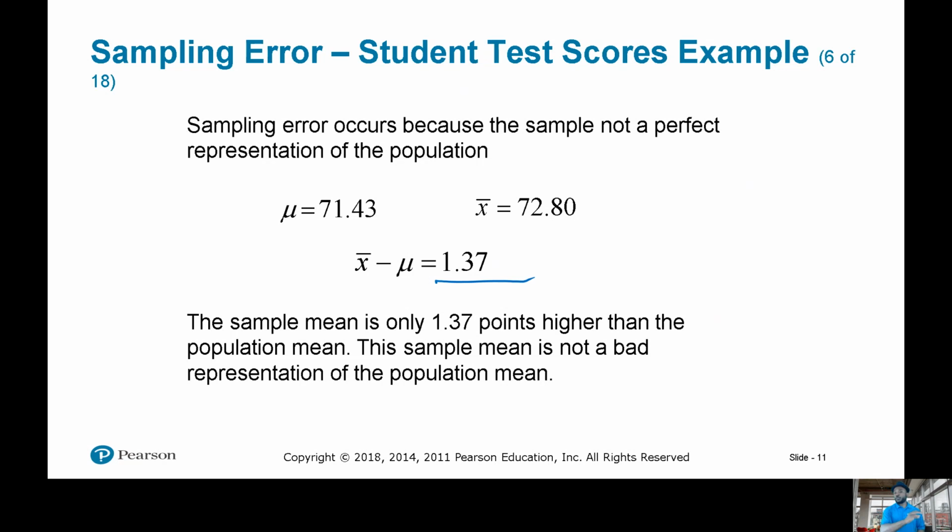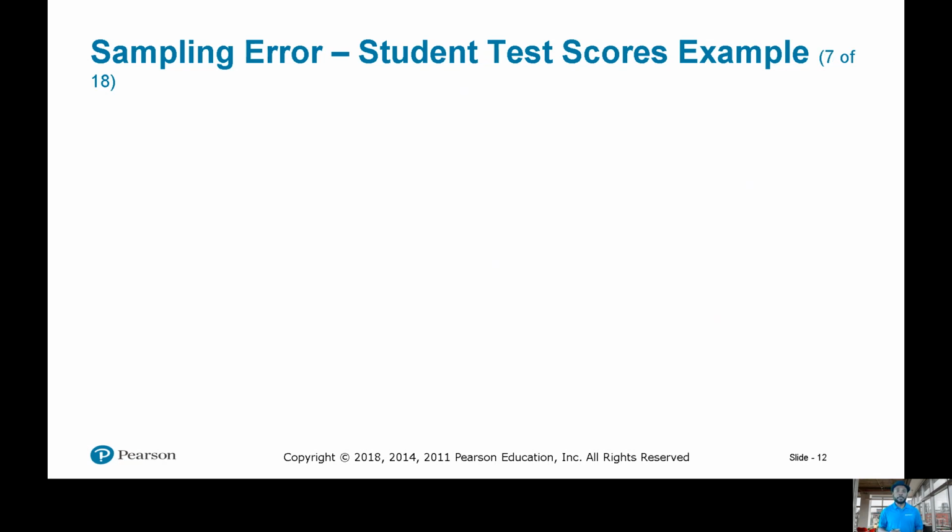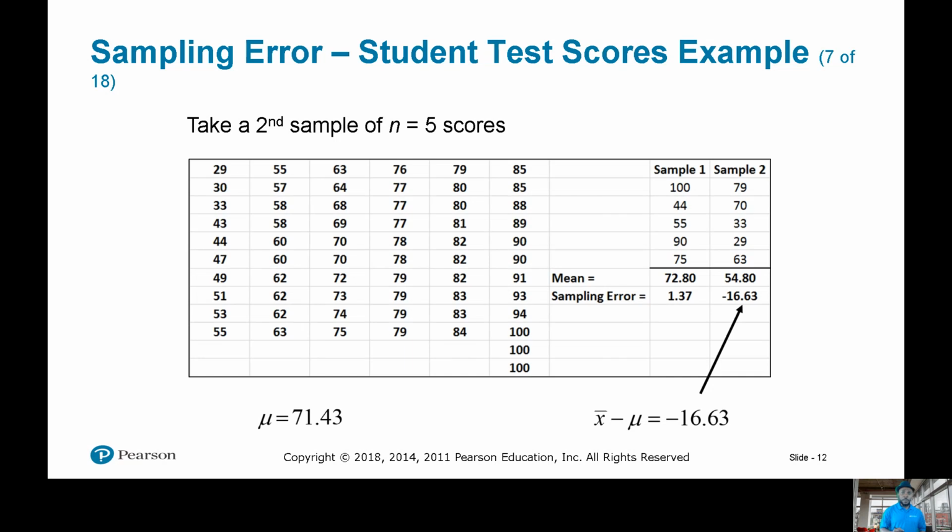Now, what if we drew a different random sample from this population, still using a sample size of n equals 5? In our second draw, the sample mean is now 54.80, but look at this. The sampling error is much bigger.